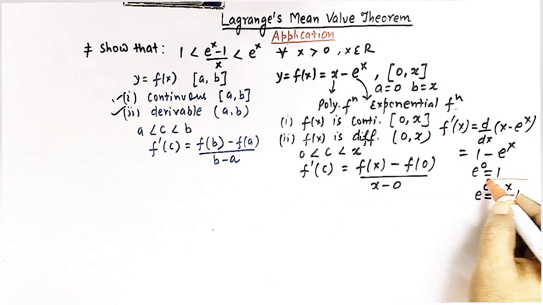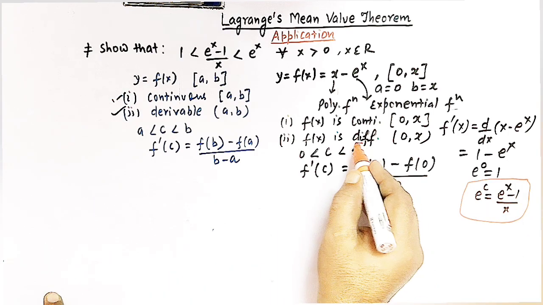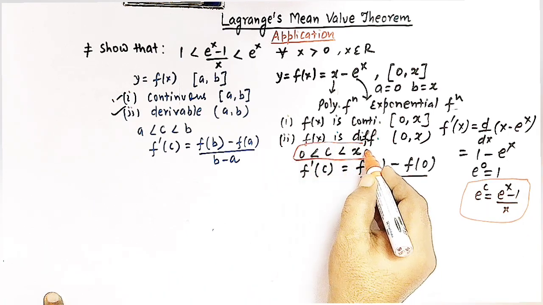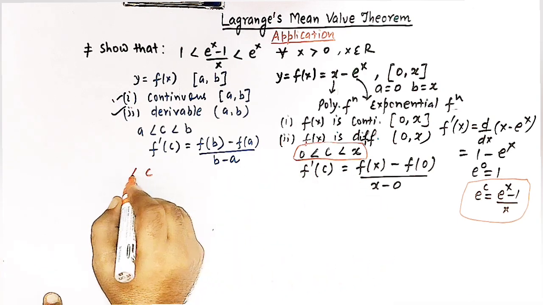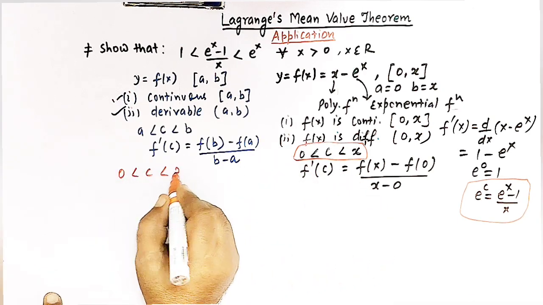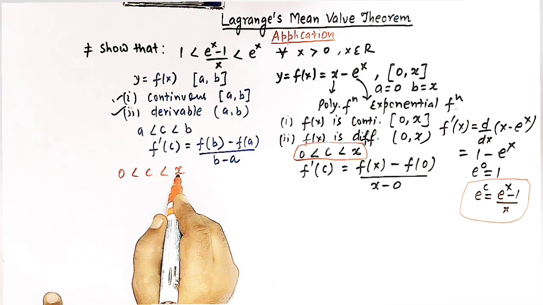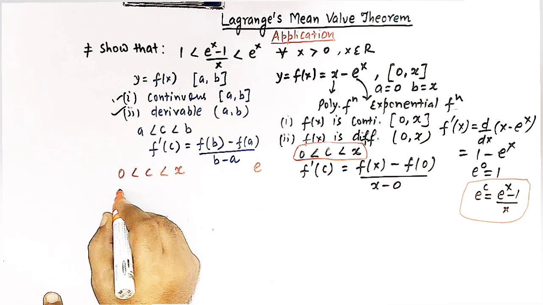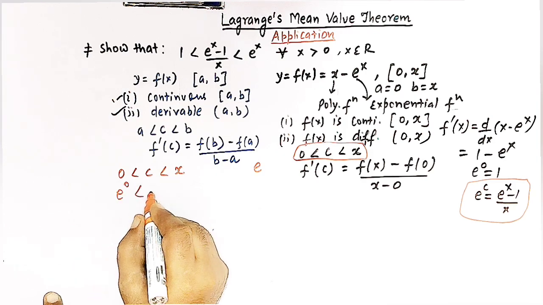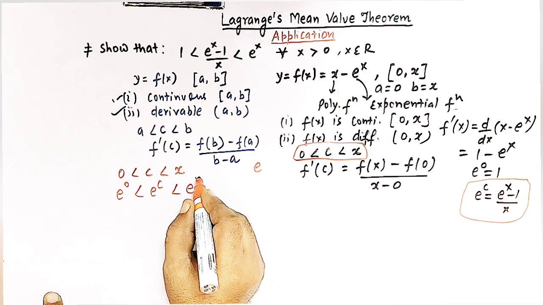So now we have this expression, right? Okay, now let us make use of this inequality. Now this c lies between 0 and x. Now what we will do, we'll raise these three terms to the power of e, right? So we can write e raised to 0, and here we have e raised to c, and here we have e raised to x.